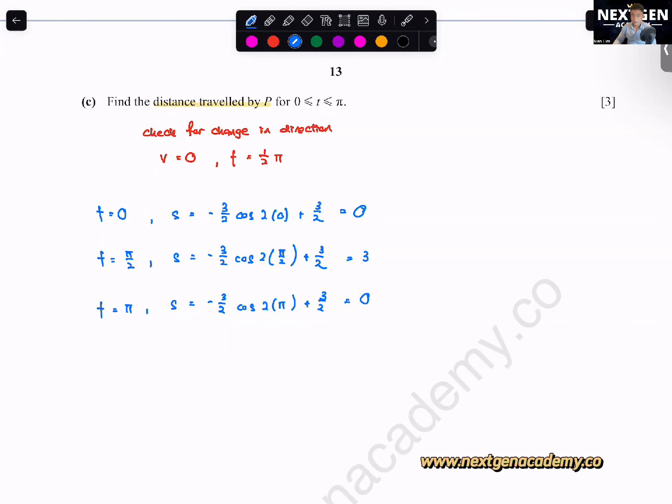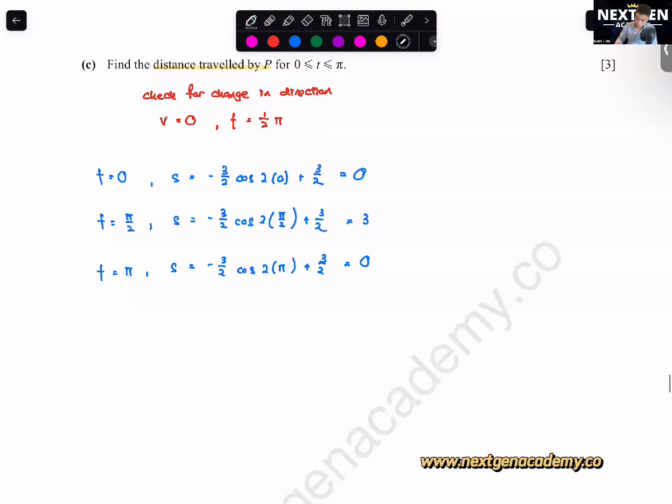Okay, everyone understand this part here? Okay, so I want you all to draw your motion diagram out for this part. So this is how we interpret it. You got 3 positions, 0, 3, then go back to 0.